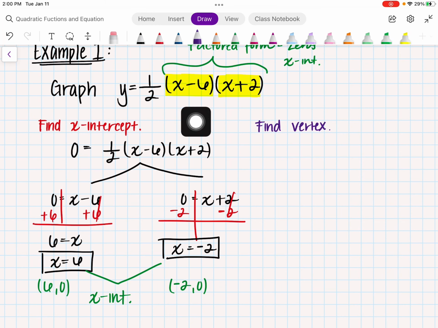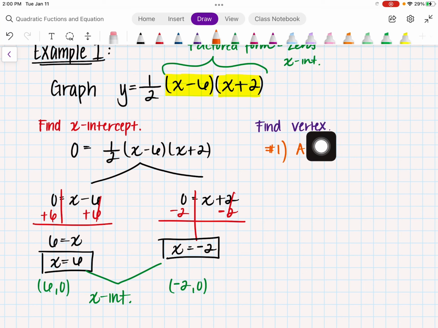Find vertex. All right. Now, in order for us to find the vertex with expressions or functions that are in factored form, I actually need to first find, number 1, the axis of symmetry, or in this case, AOS.